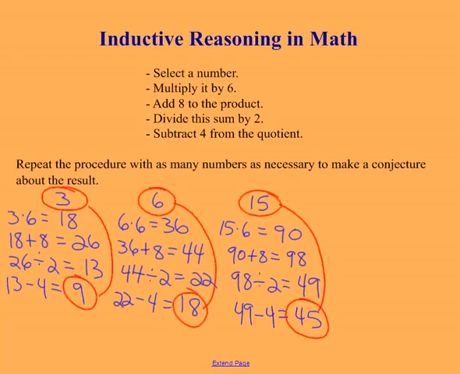So we're starting to see a pattern here. So based on the pattern that we're seeing, based on the experience, based on inductive reasoning, we can make the conjecture that the process shown here will always result in the number that is 3 times the original number.